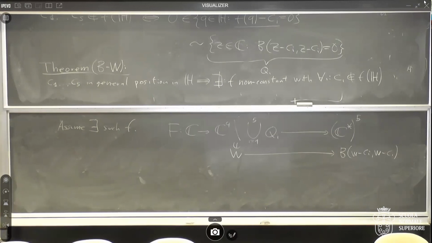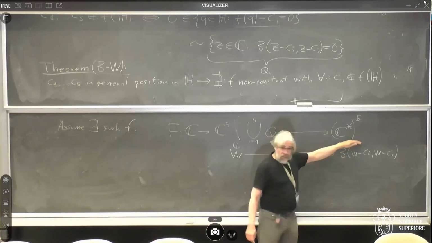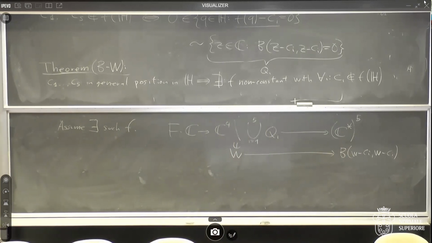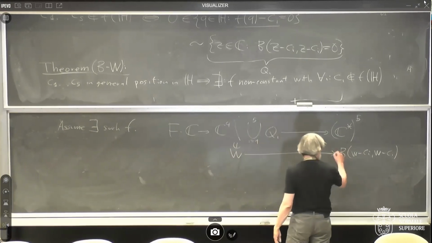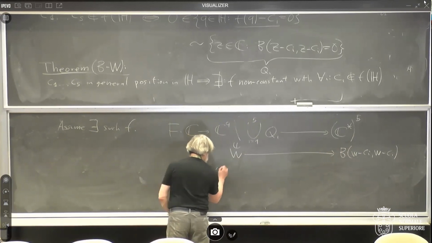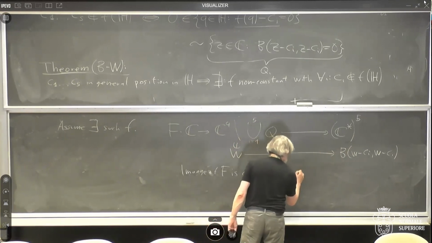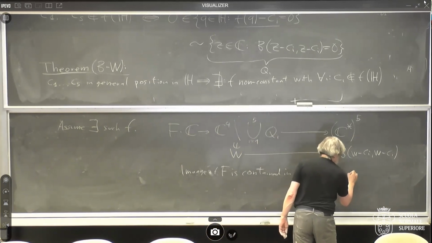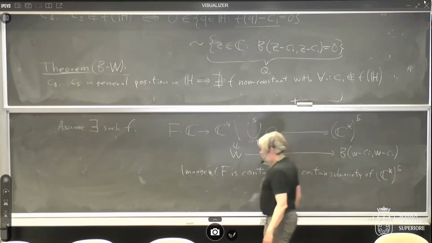And as one can already guess from the fact that here something is 4-dimensional and here something is 5-dimensional, this obviously will not be surjective, and in fact the image of F will be contained in a certain subvariety of C star to the power 5.